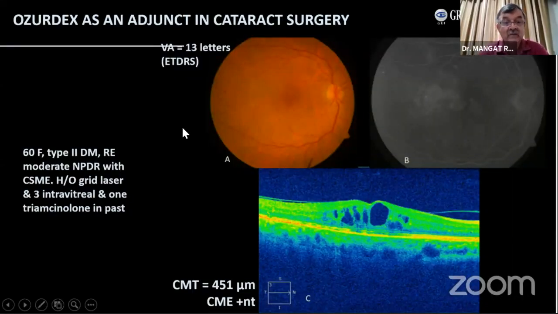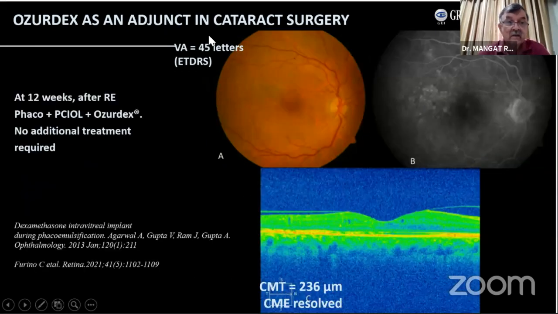I'll show you this one case here, a 60-year-old female. You can see grade 3 retinopathy, intravitreal injections have been given. Also triamcinolone has been given. This is Avastin given. So many things have been done, and she needs a cataract surgery. And you can see the Ozurdex was given right along with the cataract surgery. And you can see everything went back, improved.